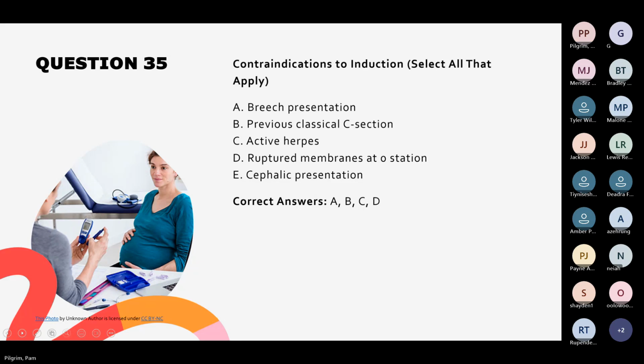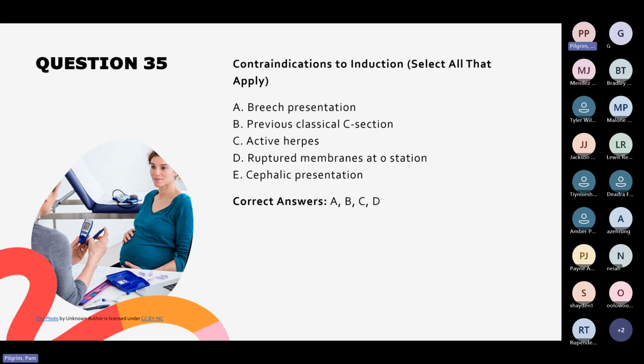So looking at these answers, breech presentation, that's a no-go for induction. A previous classical C-section, most of the time, if you have a vertical incision, which is the classical C-section, they will not induce you.